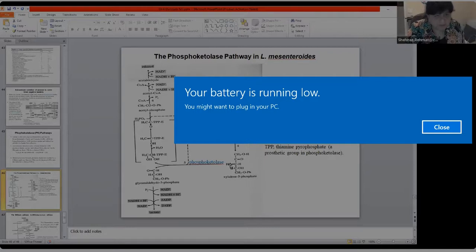This xylulose 5-phosphate is the target for this phosphoketolase, which will take it into a path where ethanol will be the end product, and the bifurcation here will give you the lactate. So this is the phosphoketolase pathway for Leuconostoc, which has this one phosphoketolase only, which will end up in production of lactate as well as ethanol.